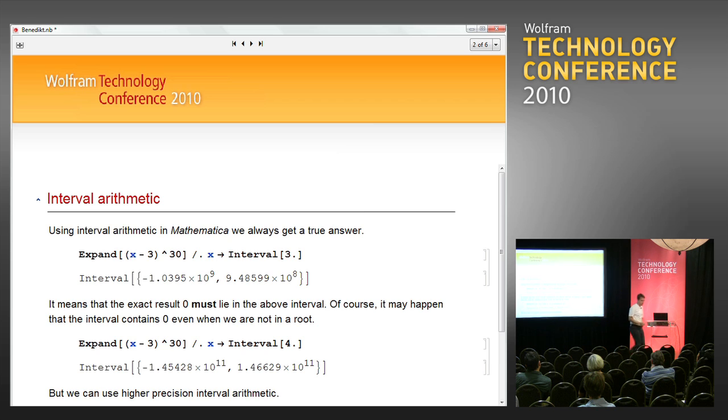So of course the interval arithmetic is not more precise. It doesn't tell us the correct answer, but it can tell us what's not the correct answer. What lies outside this interval is not the result for sure.